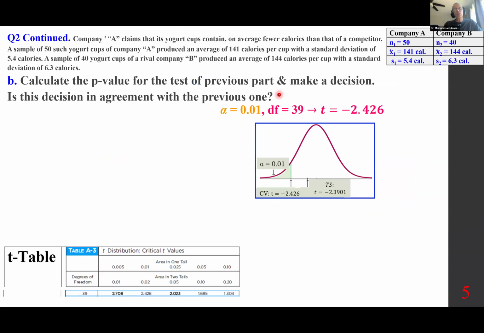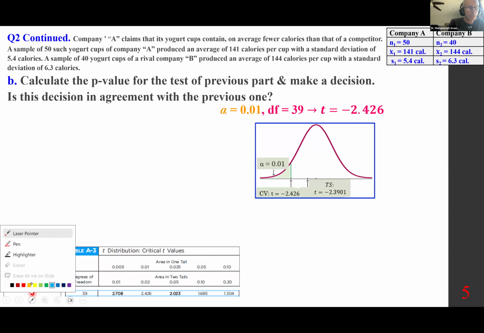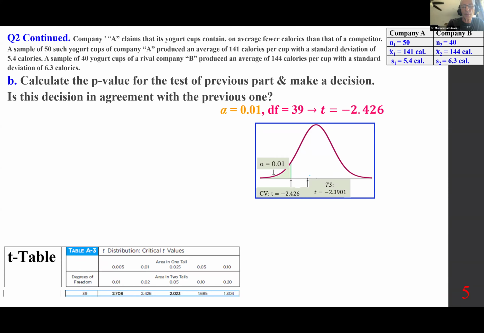Let's calculate the p-value for the test of the previous part and make a decision. Obviously, the p-value for this is the area to the left of the test statistic.